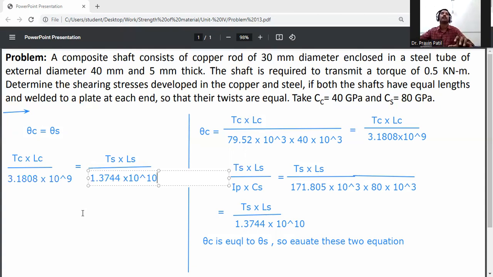Because of composite, LS is equal to LC, so that's why it will get cancelled.